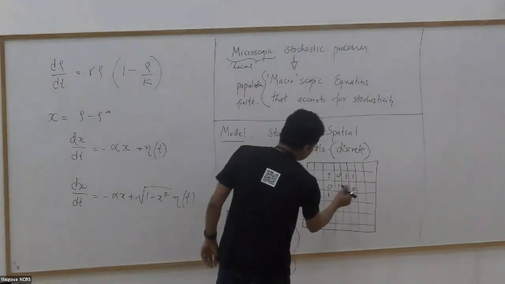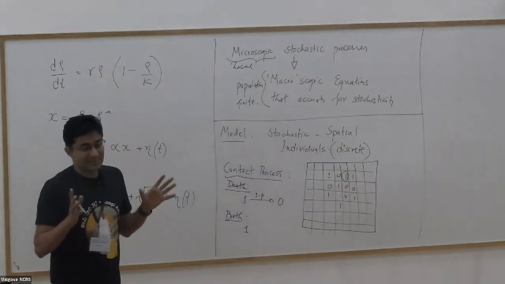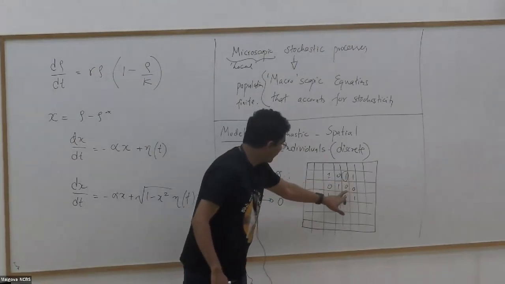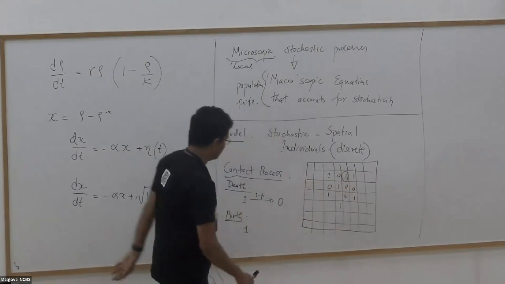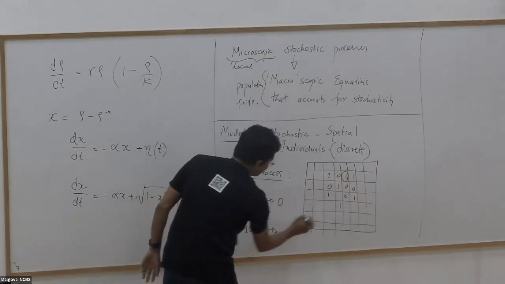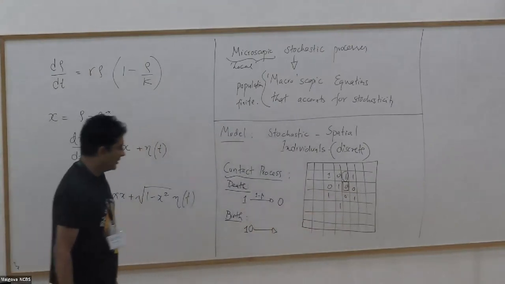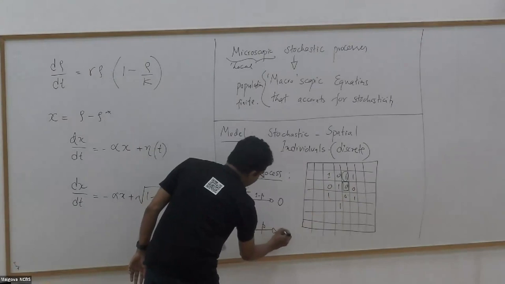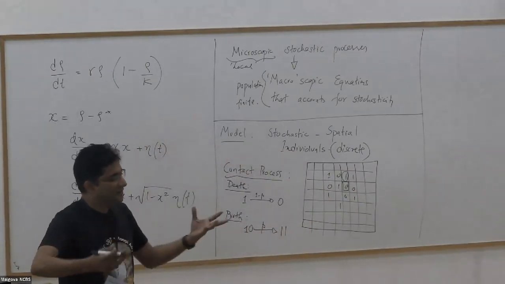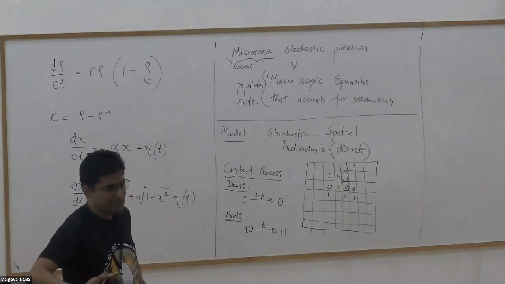Let's say this was the site I have picked. With probability p, I look for one of the neighbors, and that neighbor is not occupied. If the neighbor happens to be this, then with probability p, that neighbor is germinated and becomes occupied. So the neighbor gets colonized by the parent individual.